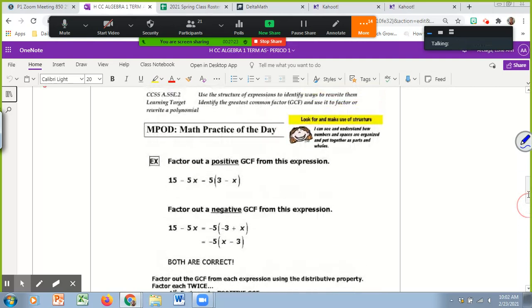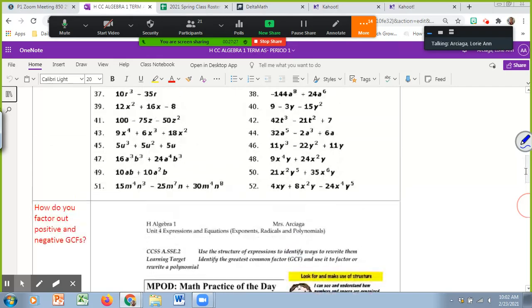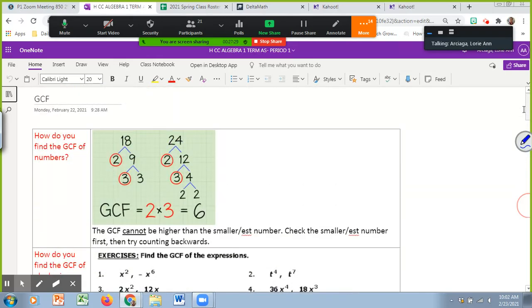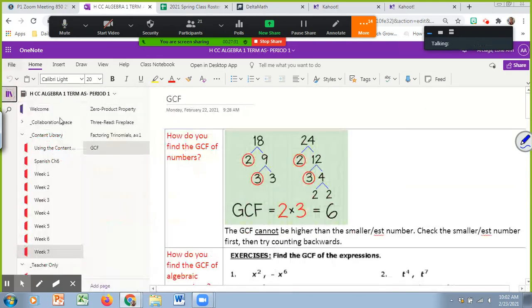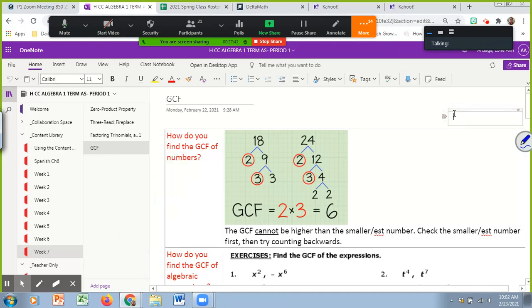You will be turning this in by taking a picture of your paper, and you can make a new page here. You add a new page and paste it, or just send it to me via Remind and I'll take care of that as well. Any questions, guys? Any questions?